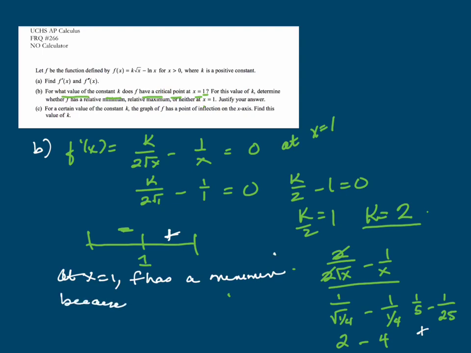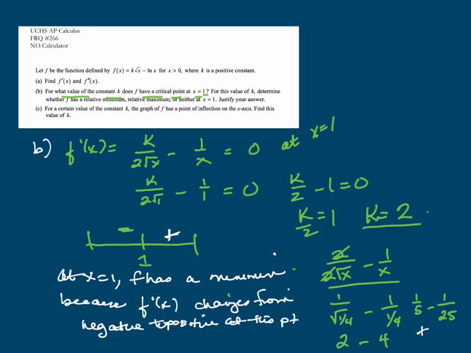Because f prime of x changes from negative to positive at this point. All right, so that was B, and let's do C.